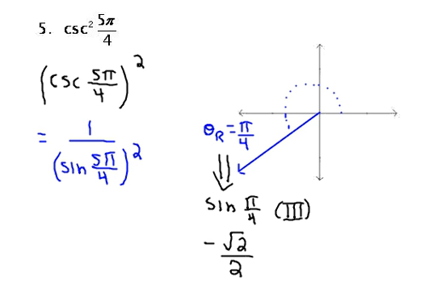So you take those two pieces of information together. And then now to find the answer, I simply take the reciprocal. So I write this as negative 2 over square root 2. Now this is the issue with rationalizing.